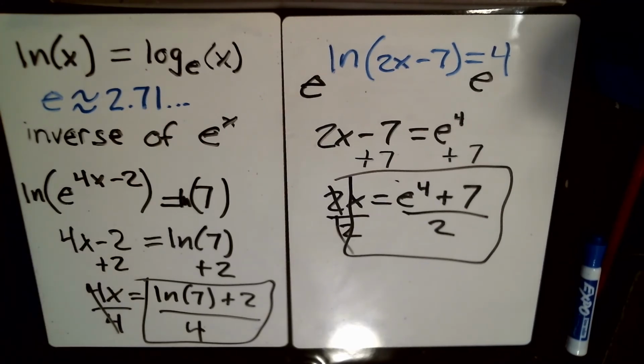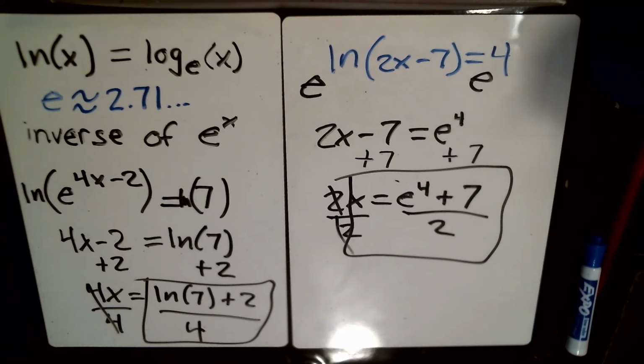They undo each other. So ln and log are particular examples of logarithms. Log without a base is base 10. Ln is just log base e.